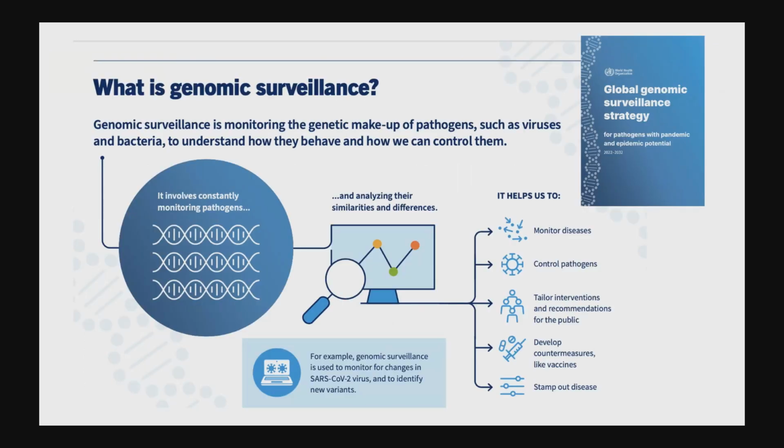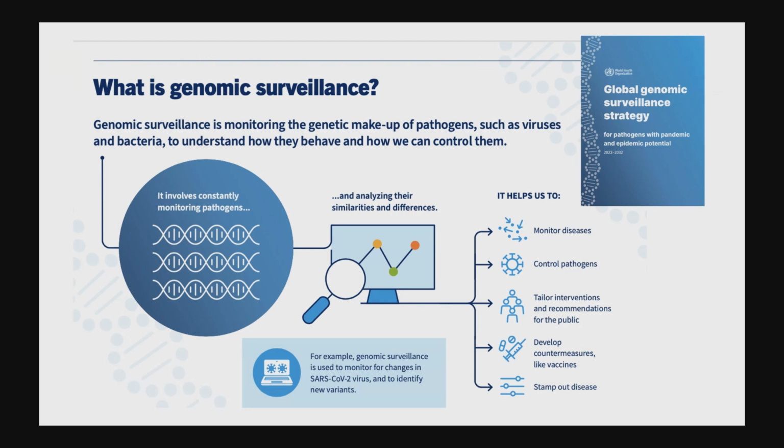So first of all, what is genomic surveillance? Genomic surveillance goes beyond just sequencing the pathogens we use, but of course, this is the main information that we have. We use this to monitor disease, to control pathogens, to tailor interventions, to develop countermeasures.